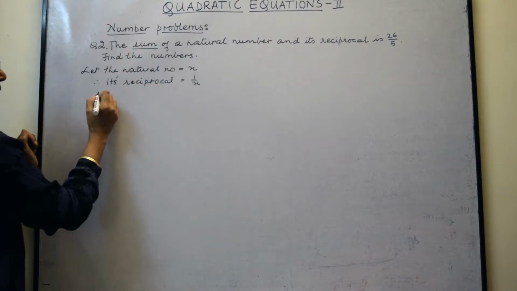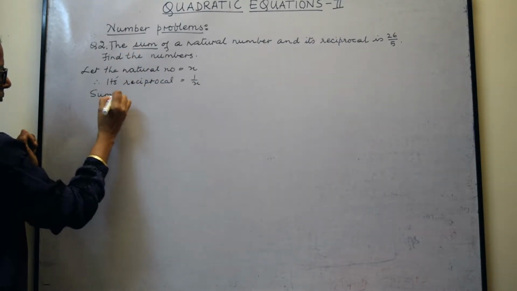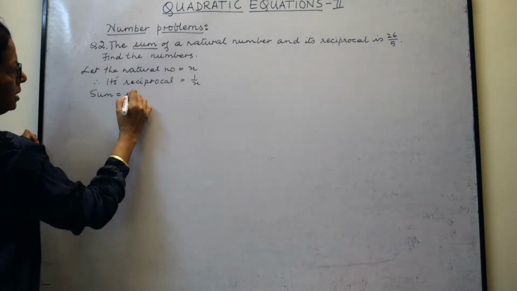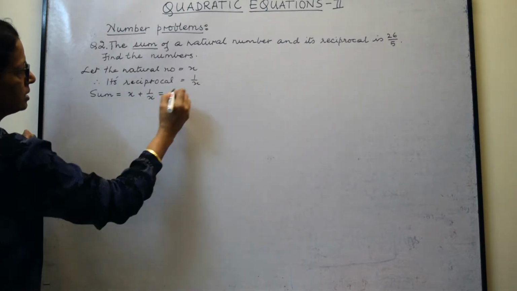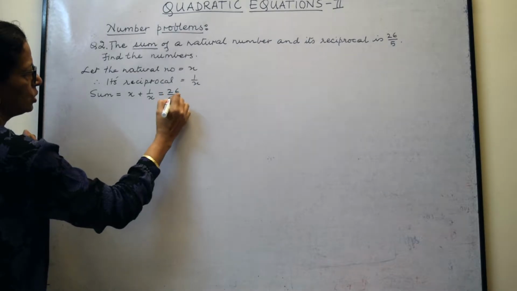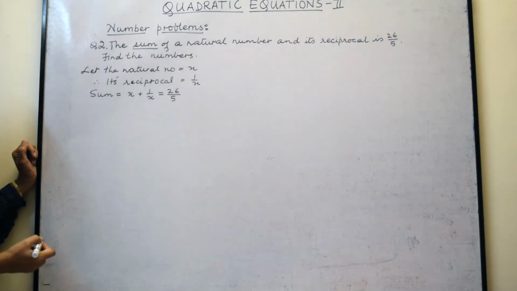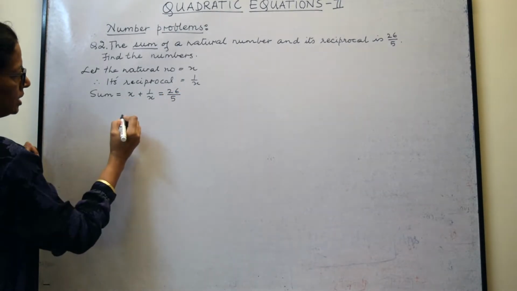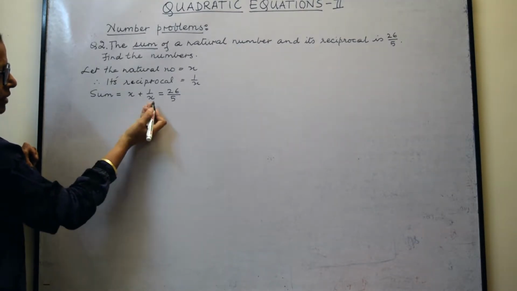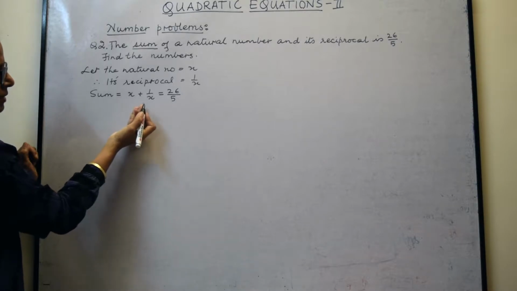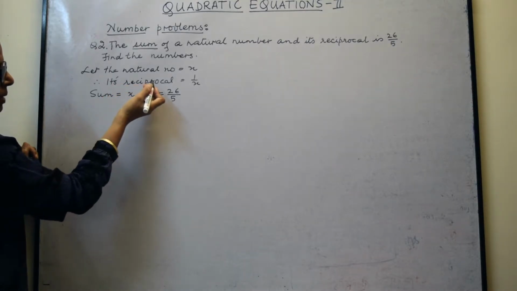Now the sum, what does it mean by the sum? We have to add. So x plus 1 upon x, and that is given as you can see in the question, it is 26 upon 5. Now that we have this, you can either take LCM on the left hand side. If you take LCM, LCM will be x and you will get x squared plus 1.